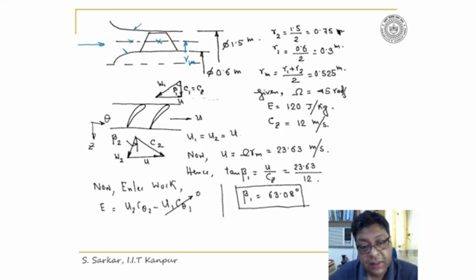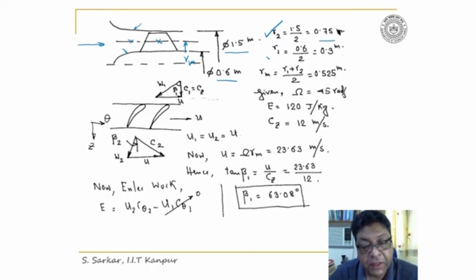Thus, what are the data? D2, that is the outer diameter of the impeller, is 1.5 meters, and the inner diameter D1 is equal to 0.6 meter. Thus, I have calculated radius R2, that is D2 by 2, that's 0.75 meter.